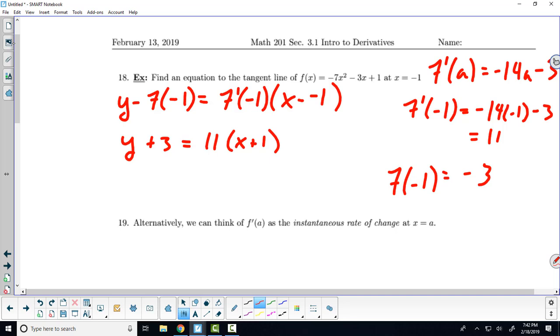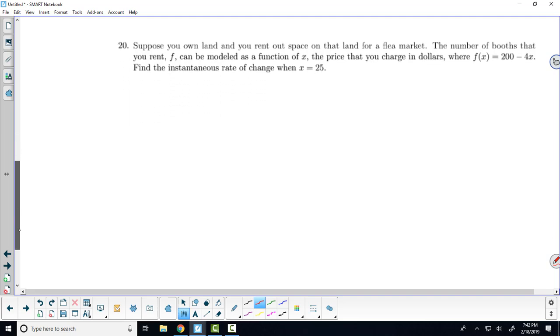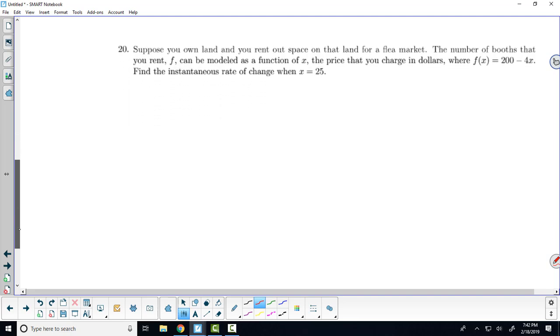Good observation. Yeah, so basically up above here I say that finding the derivative and finding the instantaneous rate of change are the same procedure. Okay?